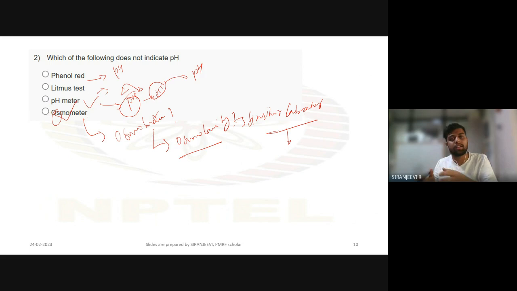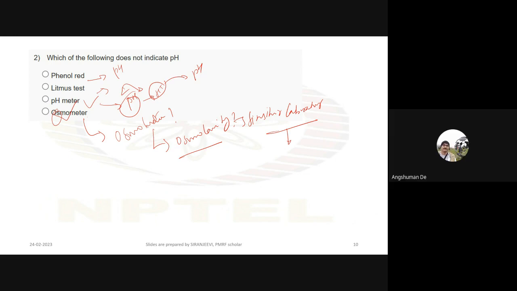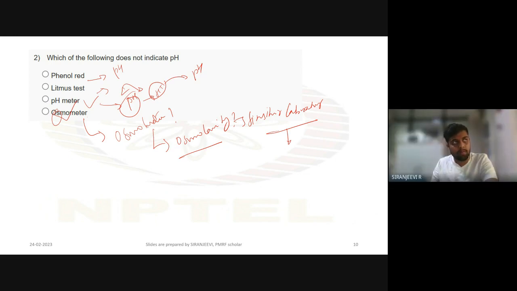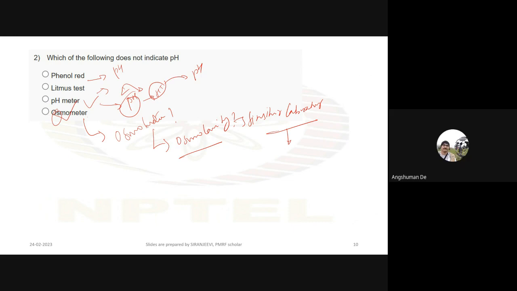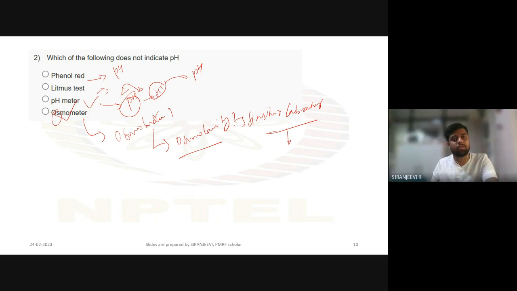Now, what is the indication if the osmolarity is more in blood? What is more? Osmolarity means the ions, electrolytes, will be more. Suppose you say glucose is more, which means the sugar level is more in the blood from the saccharides that we are taking.